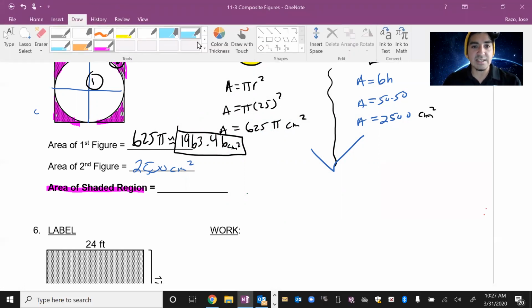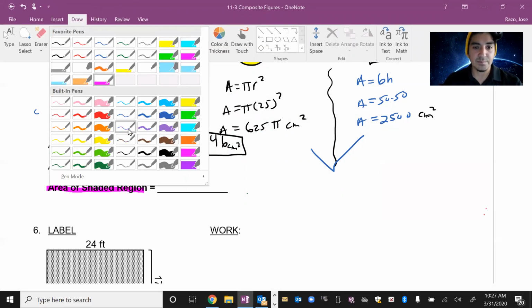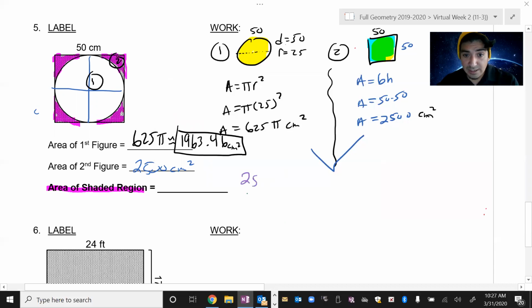So I'm going to take the 2,500, and I'm going to subtract 625. Oh no, my fault. I'm going to subtract 1963.46 from it, and that's going to give me my shaded region.